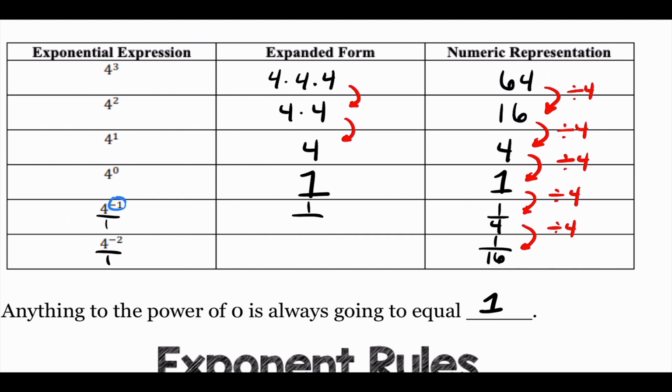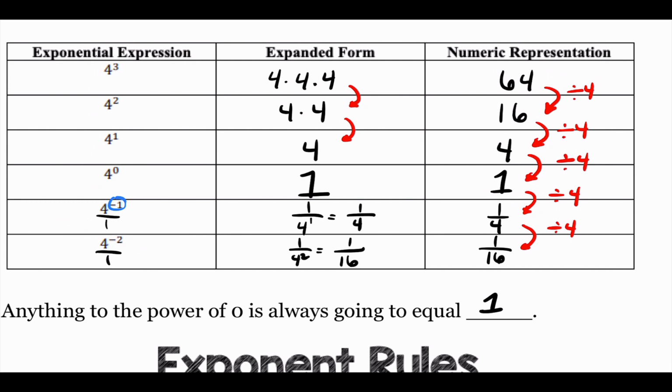So we move them to the bottom and they become positive. So 4 to the first power is just 4. 4 to the second power is 16. That's why they become fractions. That's how we deal with negative exponents. If they're on top, we move them to the bottom. Their powers become positive.